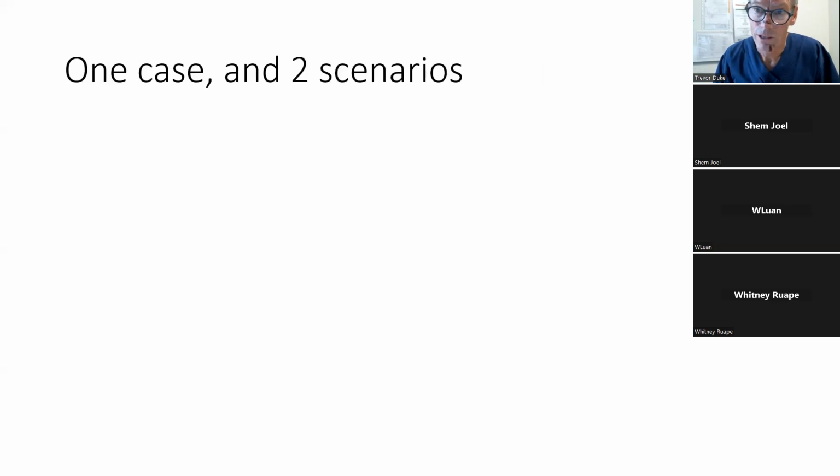I want to talk about one case, a real case, but give 2 scenarios and illustrate why, as well as being able to identify these emergency signs, it's very helpful to have a color-coded emergency monitoring chart. And we've tried to introduce these charts on a widespread basis. Most countries have now adopted color-coded monitoring and response charts specific to pediatrics.